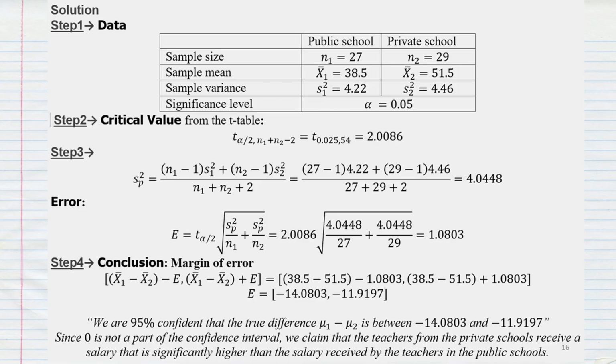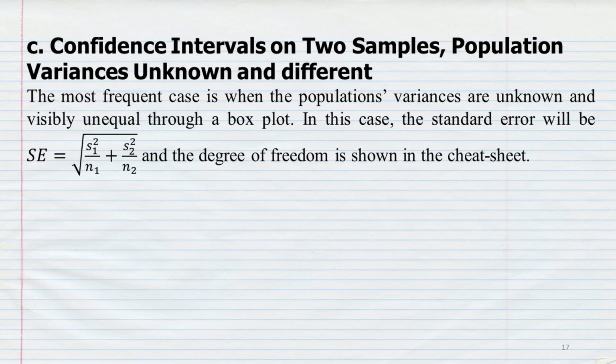Since 0 is not a part of the confidence interval, we claim that the teachers from the private schools receive a salary that is significantly higher than the salary received by the teachers in the public schools. Let's move to confidence intervals on two samples, population variances unknown and different.